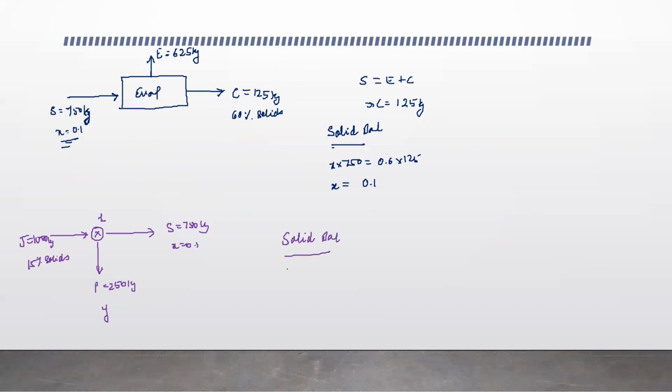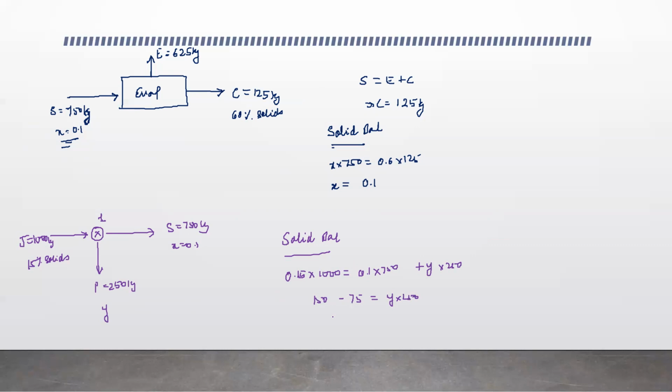The solid balance for this gives us 0.15 into 1000 is equal to 0.1 into 750 plus Y into 250. So that is 150 minus 75 is equal to Y into 250.